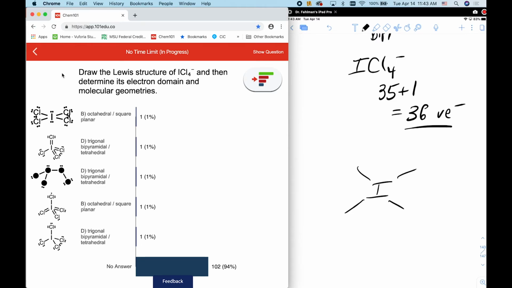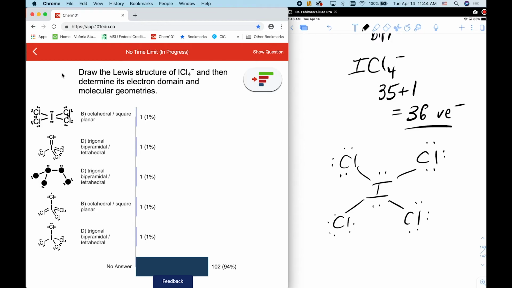Let's first just draw the Lewis structure, not really paying attention to how we're putting them around here. We've placed 8, 14, then 30, 31, 32, 33, 34, 35, 36.